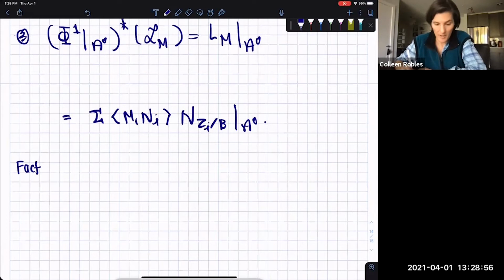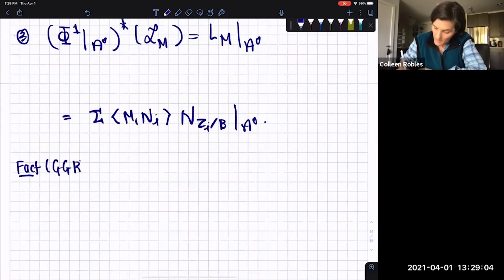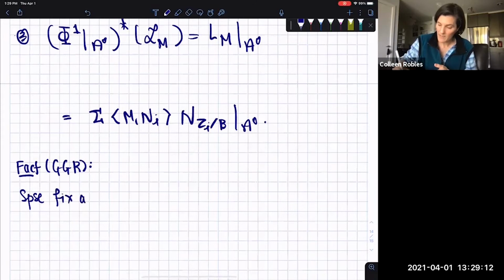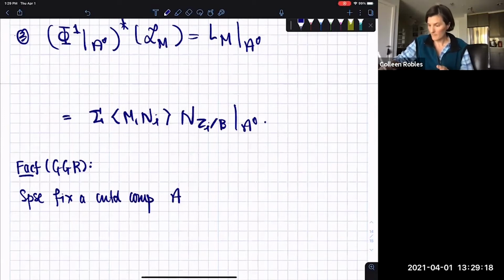So the next fact, let me phrase it semi as a question. Suppose now that we fix a connected component A1 contained in A0 of a phi 1 fiber.